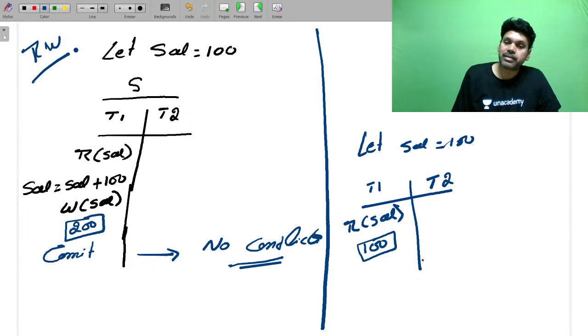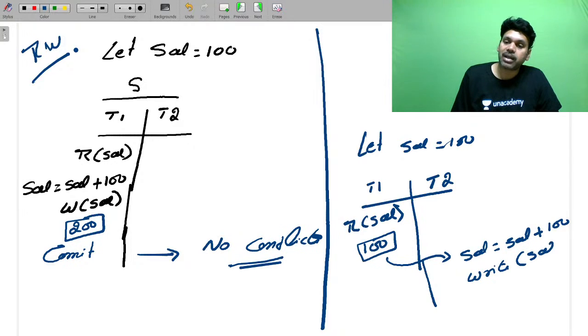Then immediately this is preempted by somebody, and he is writing it. He says write of sal. That's it, the salary goes to 200 here. And if he commits, for example, then what will happen?